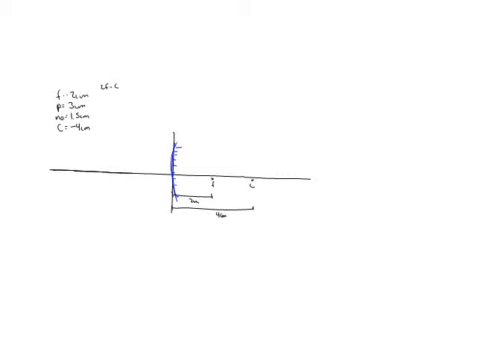And then we're going to draw P in. P is always on the left, 3 centimeters. This is P. Now you're using a scale of 1 to 1.